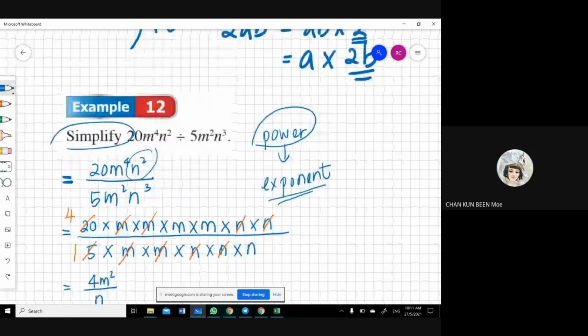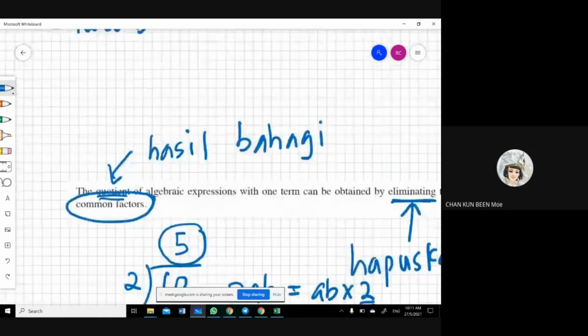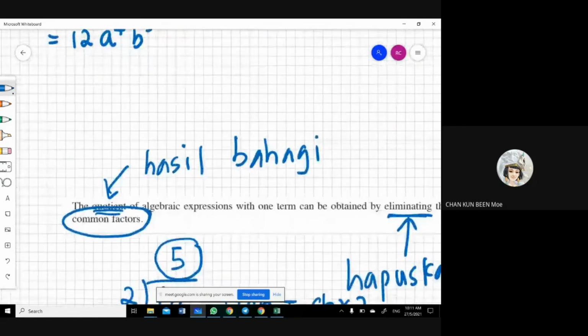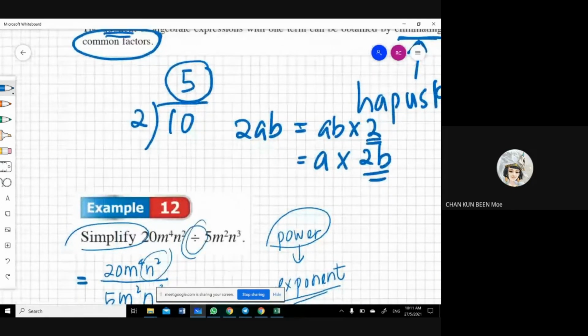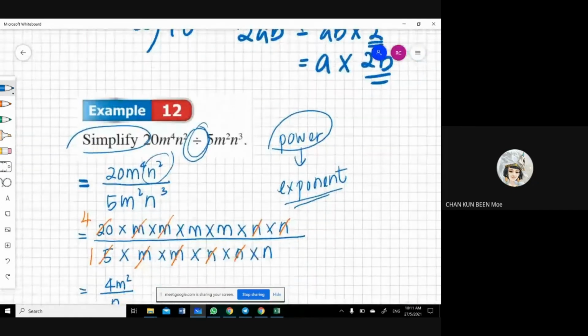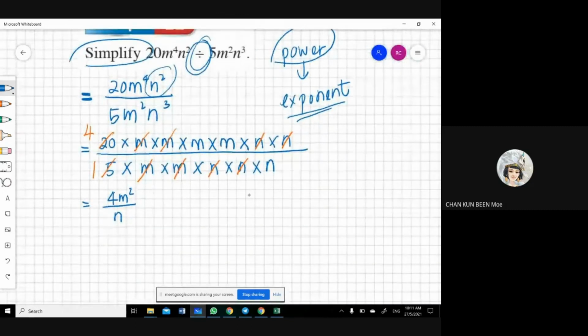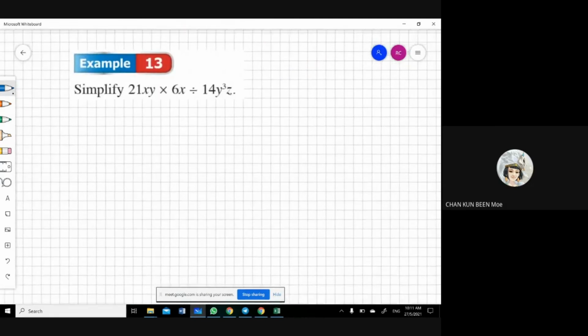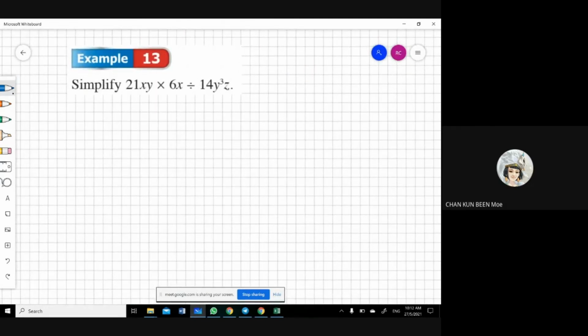So we've already done multiplication. You see, this one is multiplication. And then we've already done the division. Now it's the combination. Combination meaning that you will have multiplication, you will have division. So let's look at the example here. You see example 13. Simplify 21xy times 6x divided by 14y cubed z.